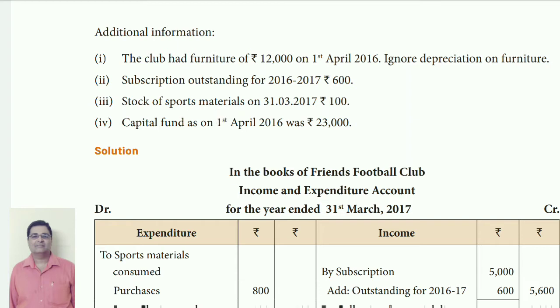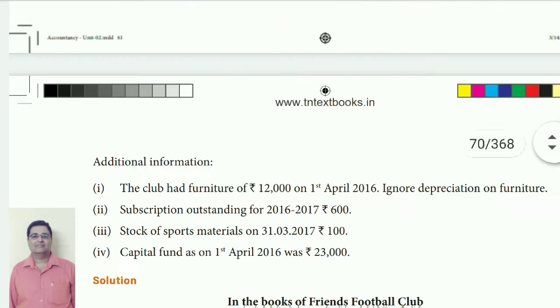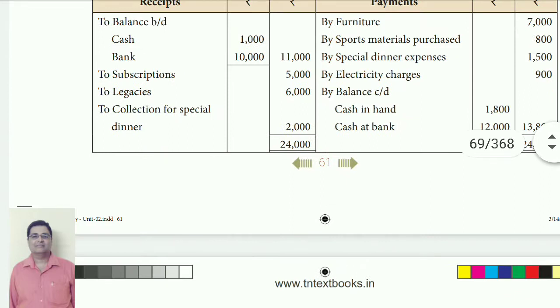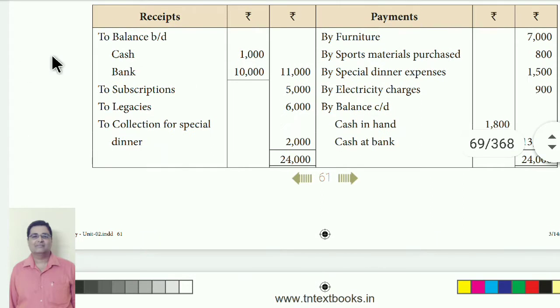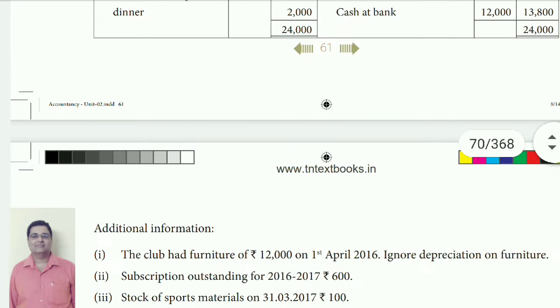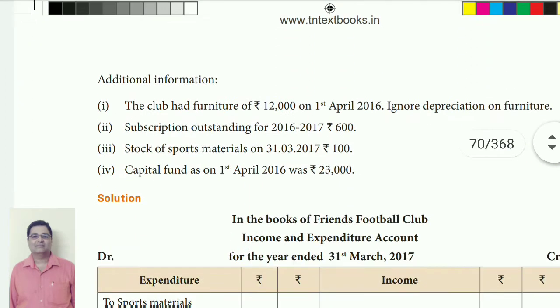Now if you see upstairs on the payment side, sports material purchased rupees 800 is given. So the formula for sports material is opening stock plus purchase of material minus closing stock.